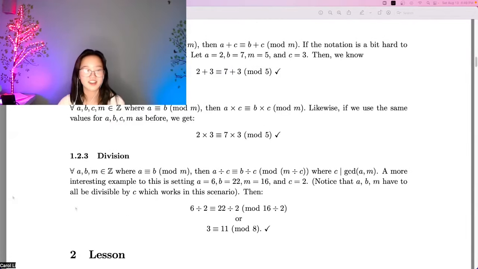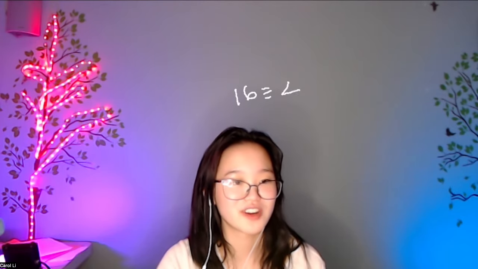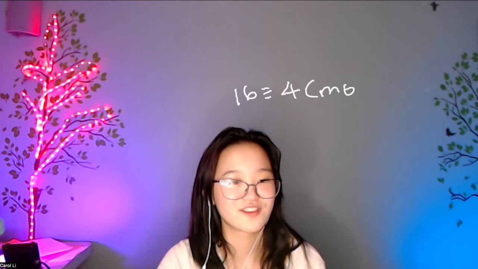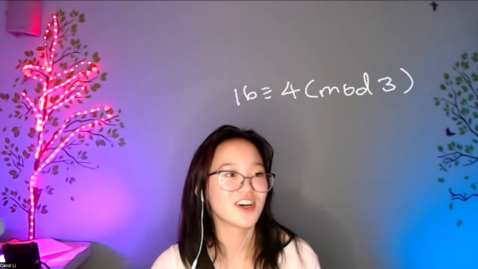For example, if you were given something like 16 is equivalent to 4 mod 3, you can't just divide both sides by 4. That's just not allowed, unfortunately, because otherwise we would have a fraction.